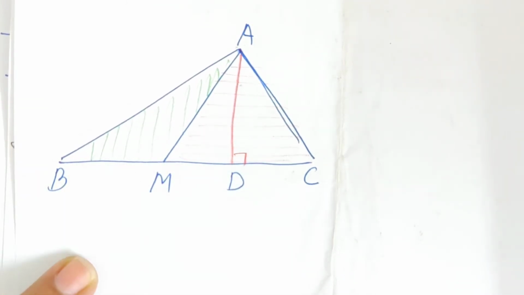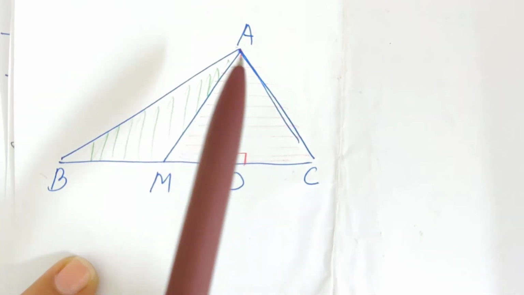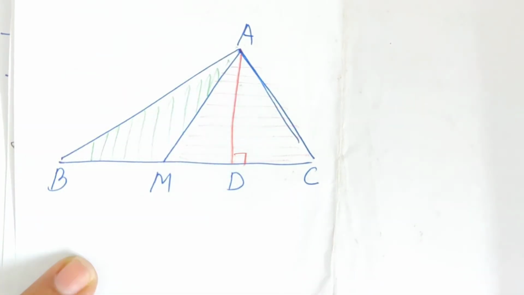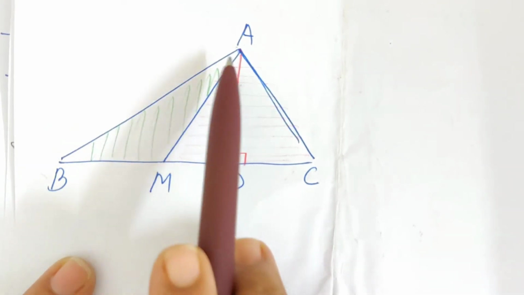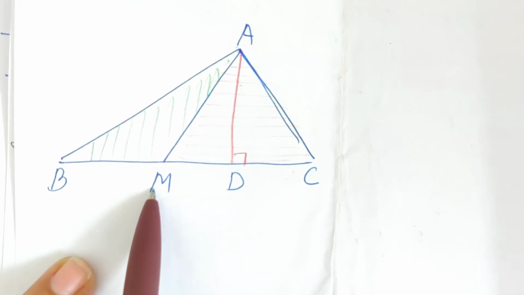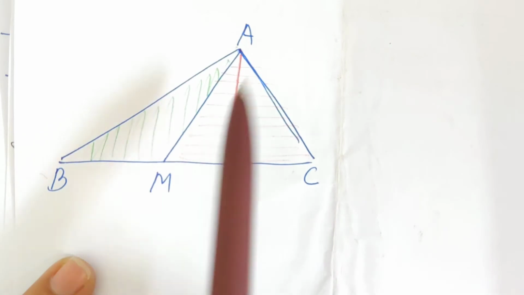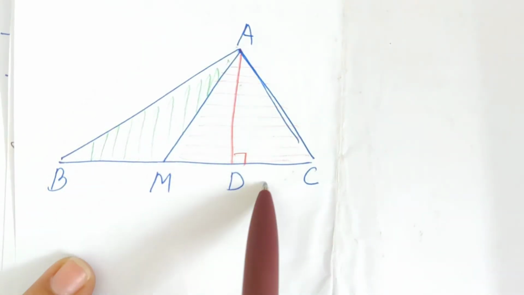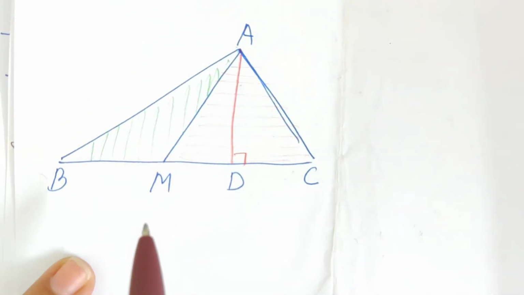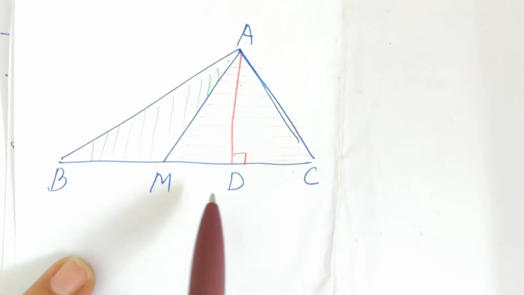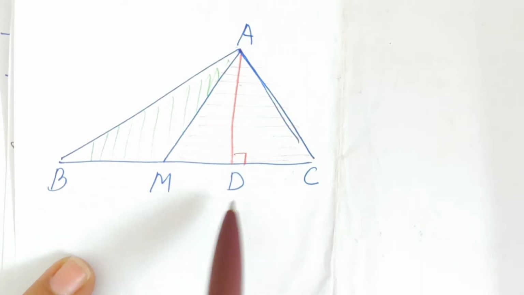And in the previous video, we completed the application of Pythagoras in acute angle and obtuse angle triangle. So here, if AM is not perpendicular, then angle AMB and angle AMC, one is obtuse angle and the other is acute angle.